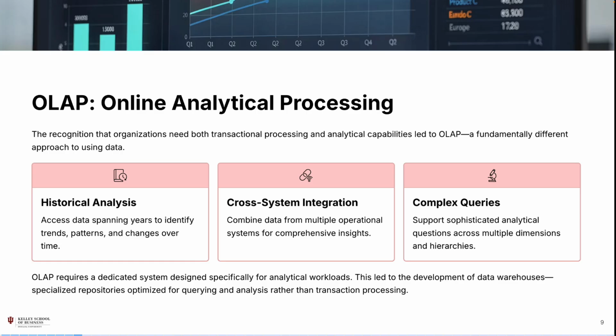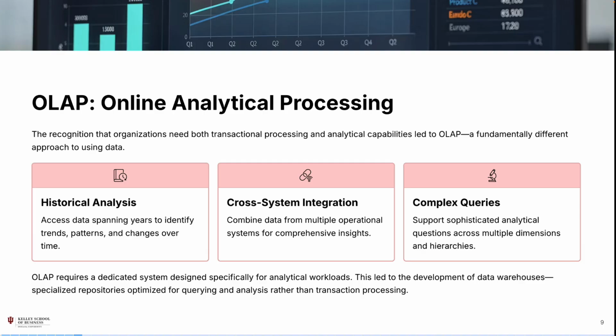OLAP is designed for complex questions, and these require historical depth. So when executives ask, how did Q3 sales compare to last year across all product lines and regions? They need data integrated from multiple sources, spanning months or years. So the key OLAP features are that it is heavily read. We are querying, we don't update.